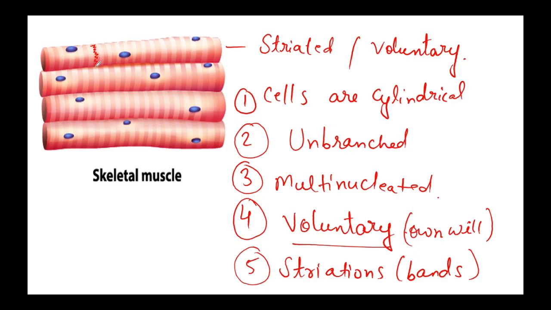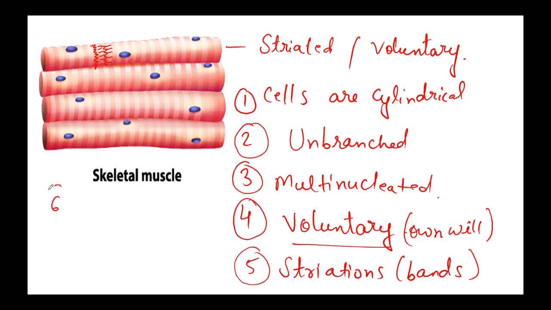This is a dark band, this is a light band, this is again a dark band, and this is again a light band. Such a pattern is known as striation. So striations are present, and this is the reason why they are also known as striated muscles.